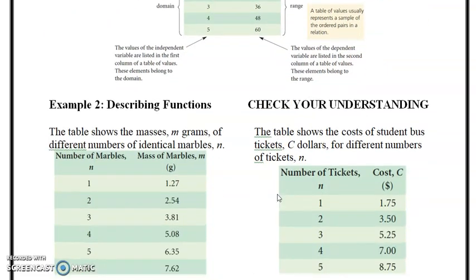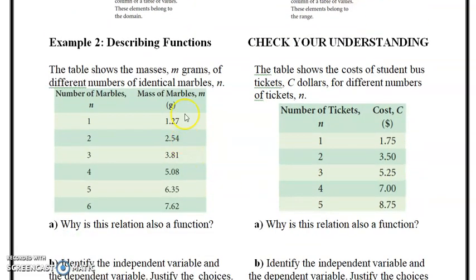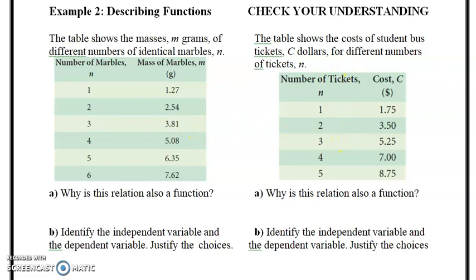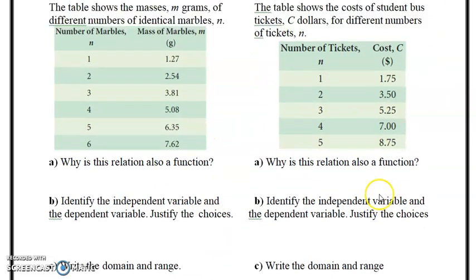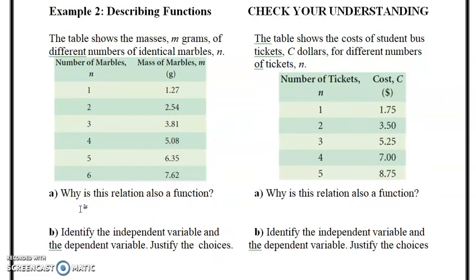So let's take that information and we'll look at describing function value. There's a check your understanding that goes side by side. I'll let you guys work on that. But let's look at why this relation is also a function, right? So remember, a function is a special type of relation. The table shows the masses, m in grams, of different numbers of identical marbles.